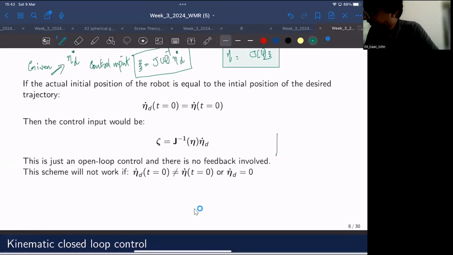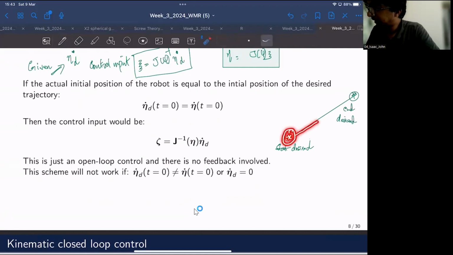For example, if the desired trajectory starts from a start point, maybe start desired, and if this is probably end desired, and if the actual robot is starting from the start desired, it will basically reach the end desired position. But what happens if the actual starting position of the robot is somewhat offset?